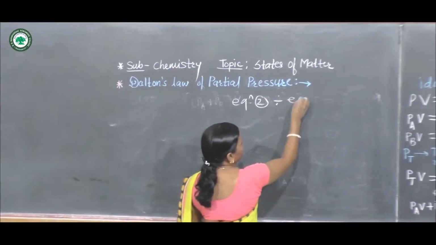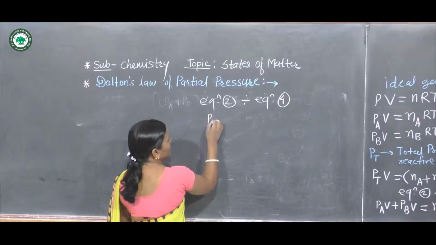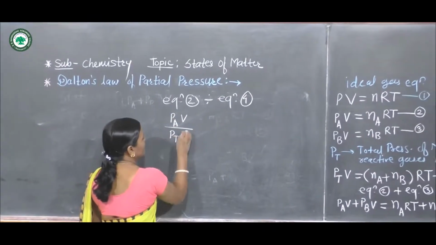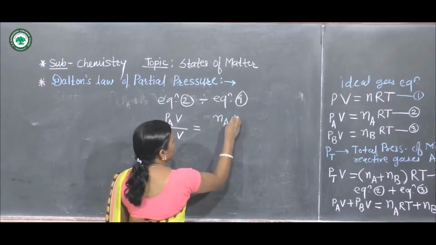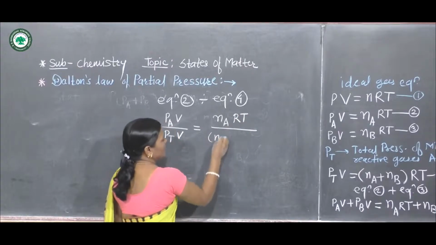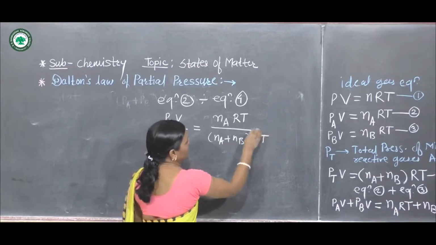Now if we divide equation 2 by equation 4, then we can write here PA into V divided by PT into V is equal to Na into RT divided by Na plus NB into RT.